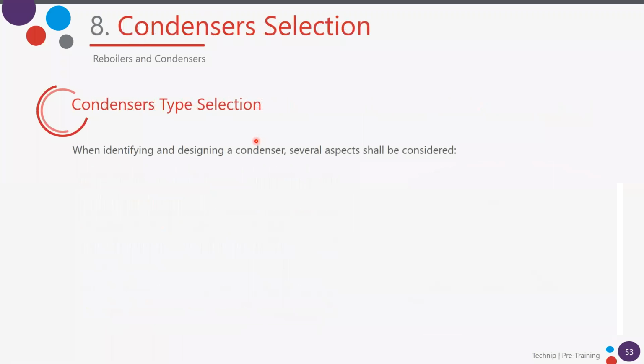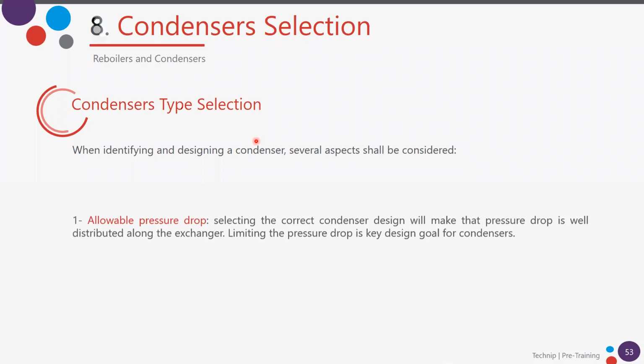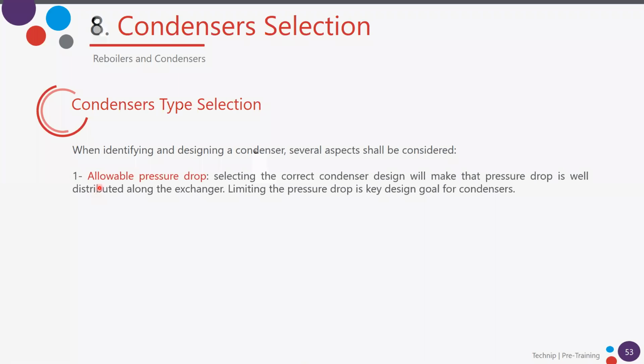Okay. So when identifying and designing a condenser, several aspects shall be considered. The first one, we take a look at the allowable pressure drop we have. So selecting the correct condenser will make sure that the pressure drop is well distributed along the exchanger.